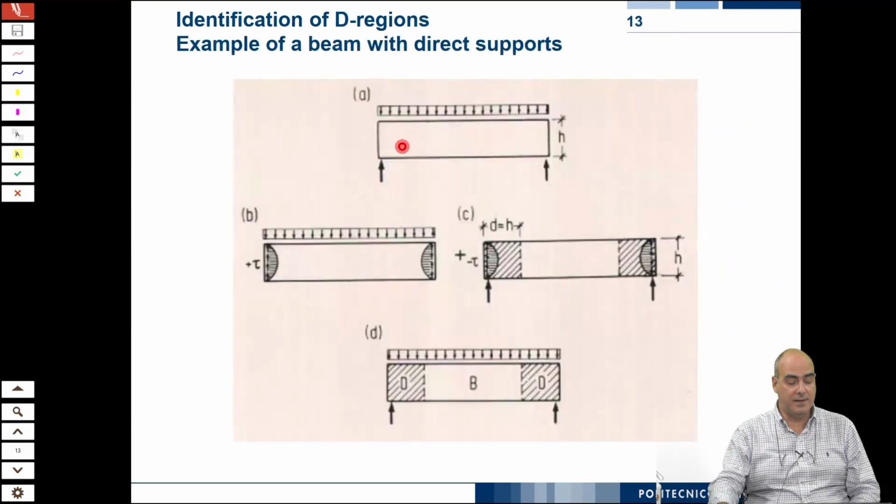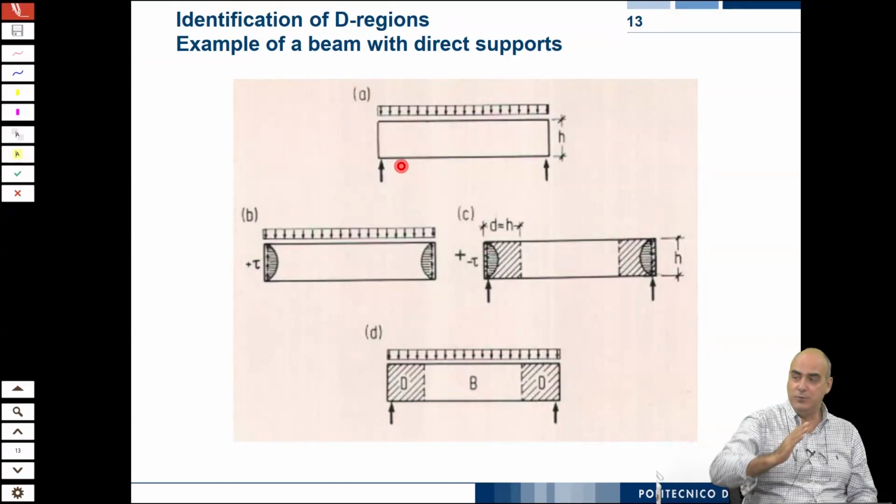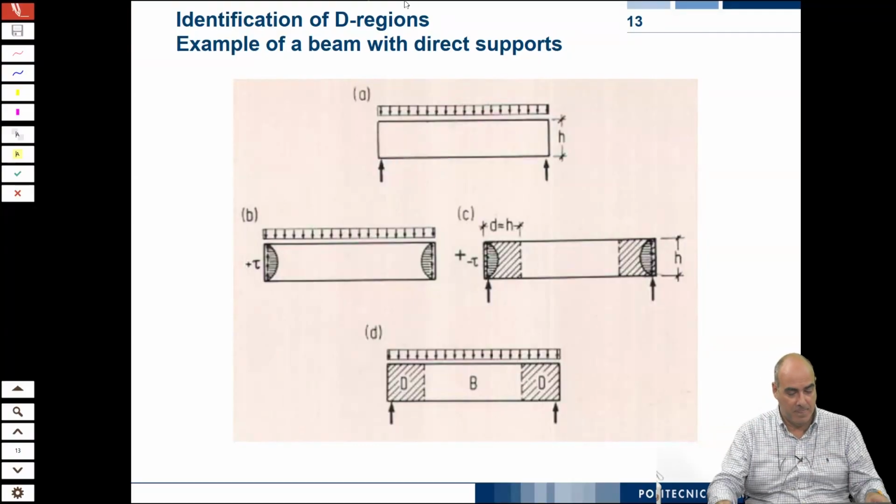And these are other examples. You see, you have this beam supported and with a uniformly distributed load. Well, as we said yesterday, the support reaction has to diffuse to the cross section. There is like an arch mechanism. That region we design apart from the beam.